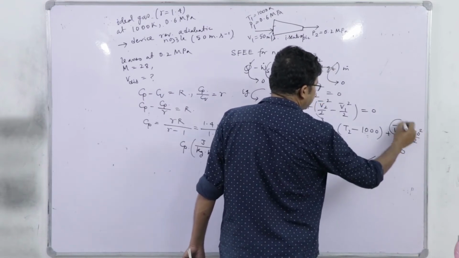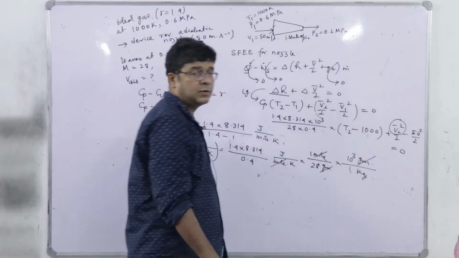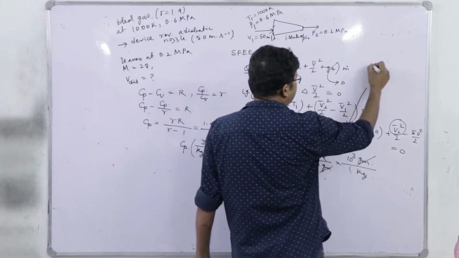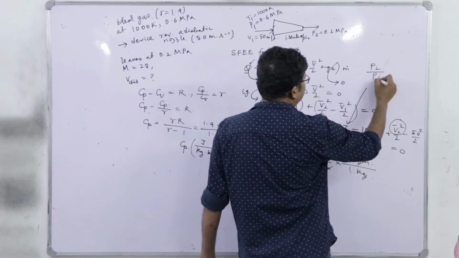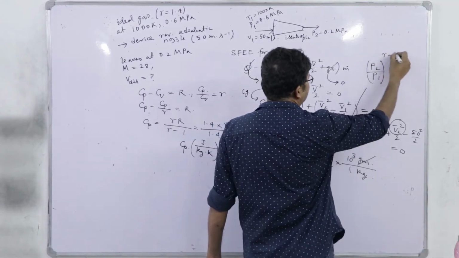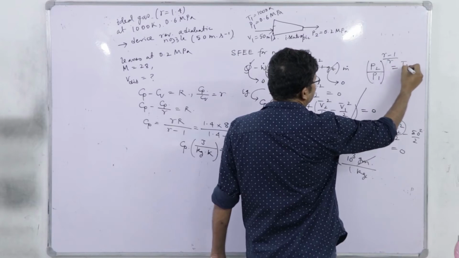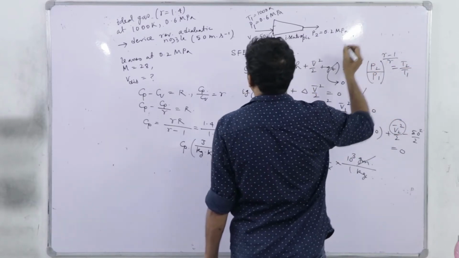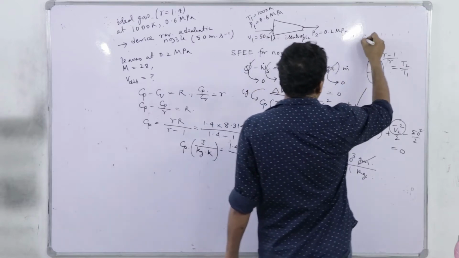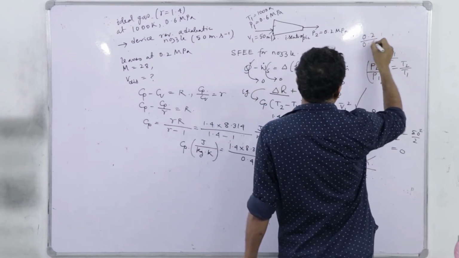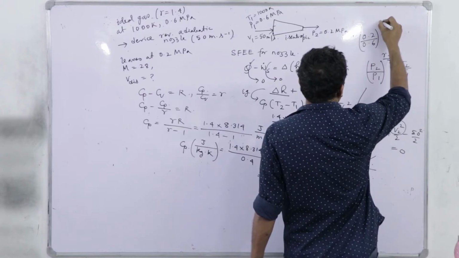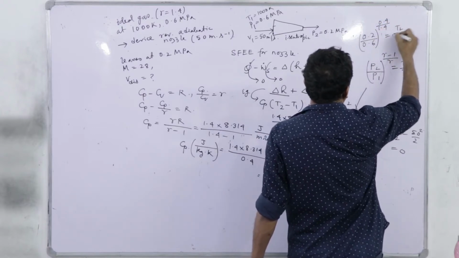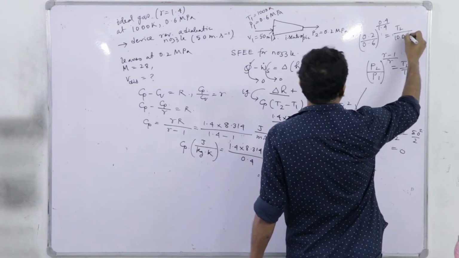So, you have to solve for this V2. For that, we have to know T2. So, how to get the T2? Because it is adiabatic, and an ideal gas, we will have P2 by P1 to the power gamma minus 1 by gamma equal to T2 by T1. So, P2 is 0.2, this is 0.6, to the power 0.4 divided by 1.4, equal to T2 by T1, which is 1000.